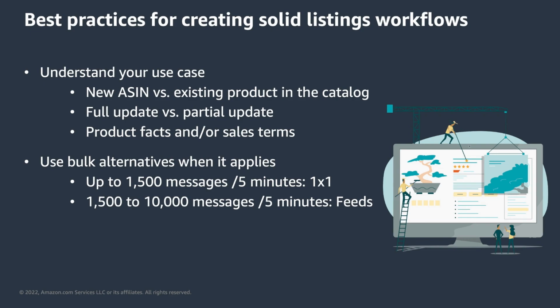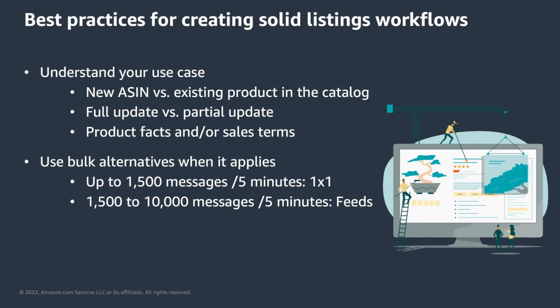Let's start with some best practices for creating well-grounded listings workflows. One of the keys is to understand your use case well. Like we explained in our first episode, listing on Amazon comes in many different flavors. Therefore, it is important to identify the exact goal that you are trying to accomplish before moving to writing code.